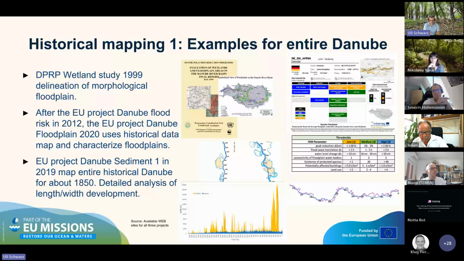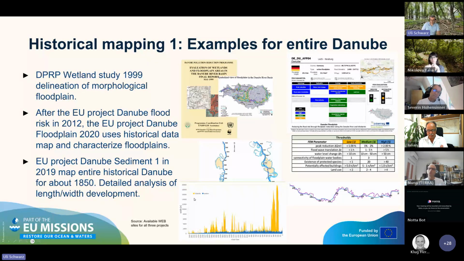For the Sediment 1 project, we have a huge project report on the historical development. What is obvious in the right corner is a clear length development of rivers, with strong rectifications. In the bottom graph, you see islands in yellow and water in blue.